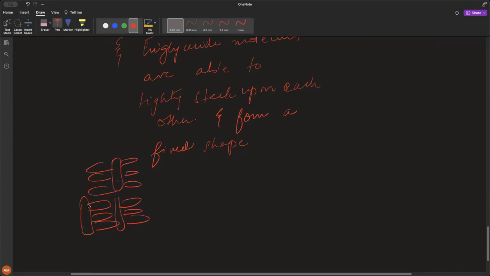They're easily able to stack over each other and become tightly and closely packed. What does that mean? It means that the substance is going to be solid, right? If the particles are tightly and closely packed, it means they are going to be solid at RTP. Is this making sense?